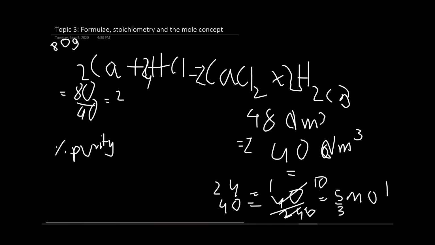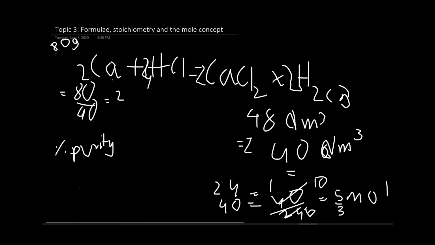Now, since we can calculate the amount of product produced from the amount of reactant, we can do it the other way around as well. You can calculate the amount of reactant needed to produce a particular product. So you can calculate the amount of calcium that reacted to form 5 by 3 mole hydrogen.